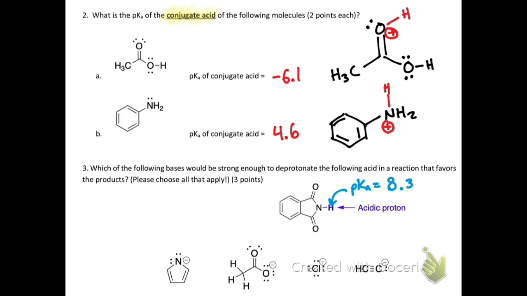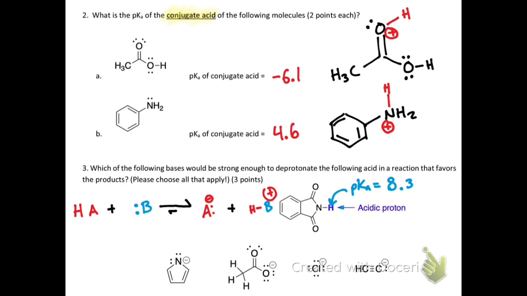Okay, so how can we figure out if a base is going to be strong enough to meaningfully deprotonate this? This all comes down to our analysis of acid-base equilibria. If we want a base to be strong enough to deprotonate an acid, so if we want a reaction that heavily favors the products more so than the reactants, as indicated by that larger arrow up there, how can we figure out if this is going to proceed forward?